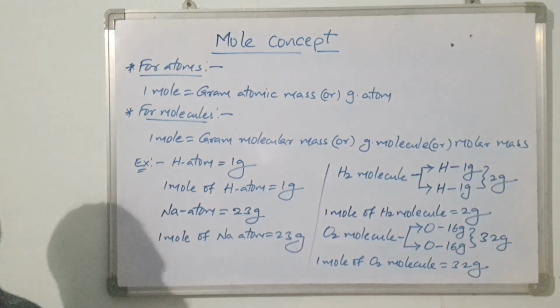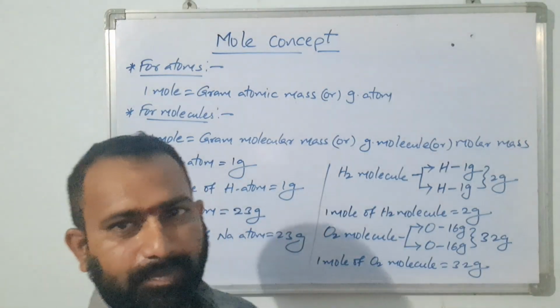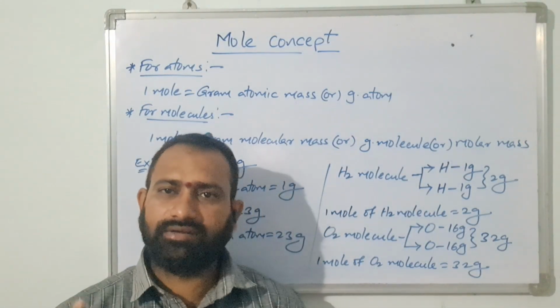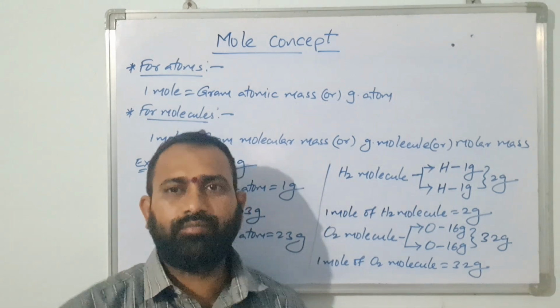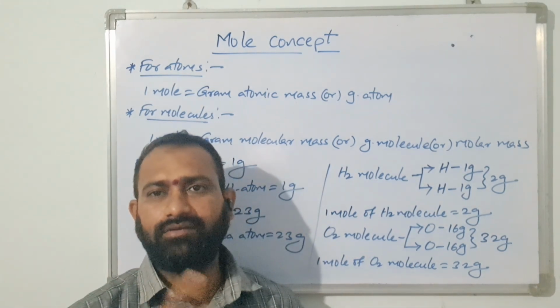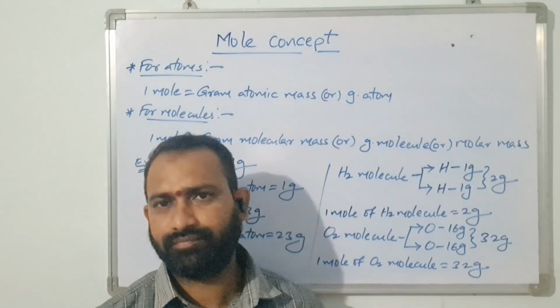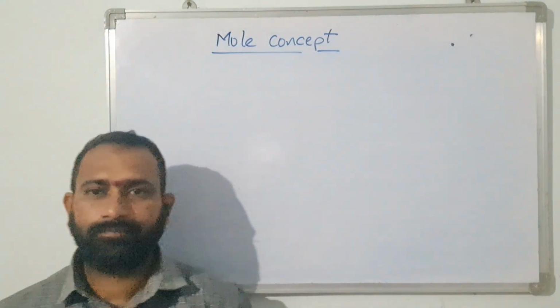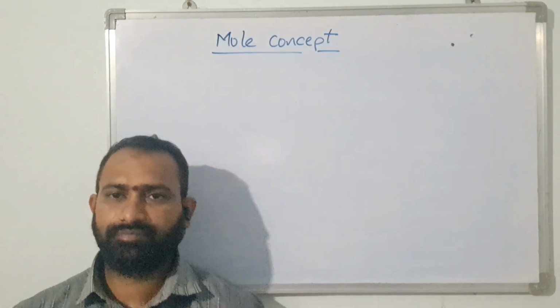Understood, children? Note it first. So for atoms, its gram atomic weight is equal to 1 mole. For molecules, its gram molecular weight or molar mass is equal to 1 mole. Let's see how to calculate the number of moles.